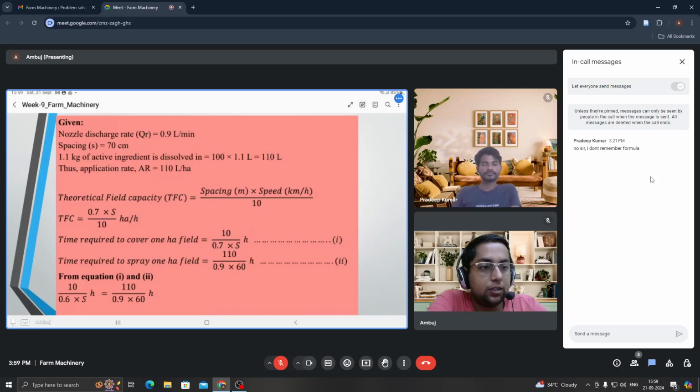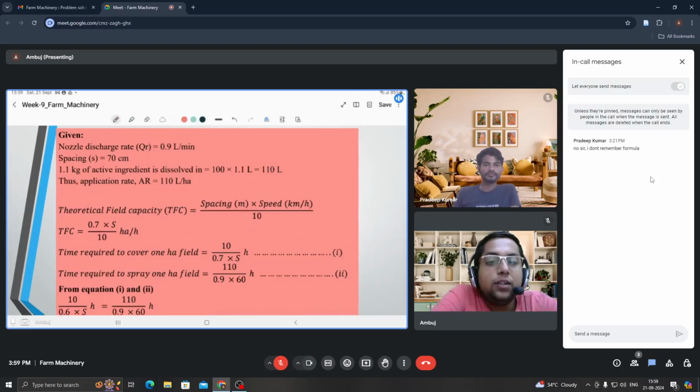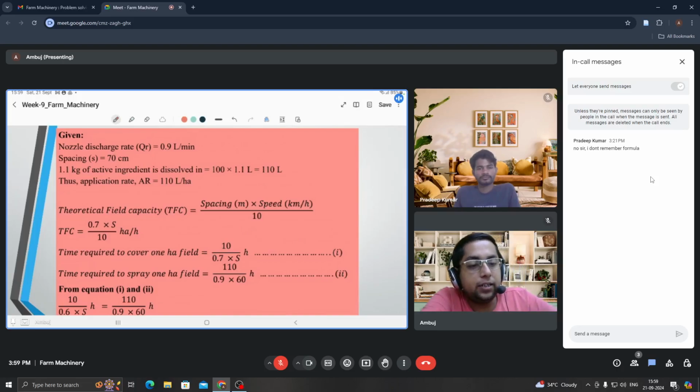See here, 1.1 kg of active ingredient has to be dissolved. That application rate, first of all we will try to see. That would be equal to 1.1 kg of active ingredient mixed with 100 liters of water. The entire volume would be 110 liters per hectare. That is the application rate, in liters per hectare.